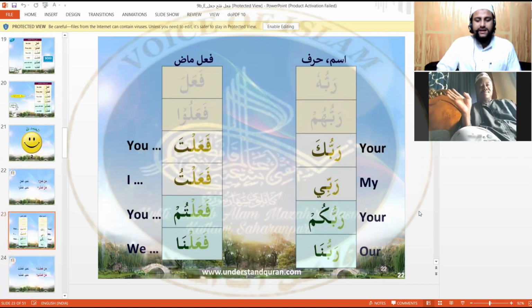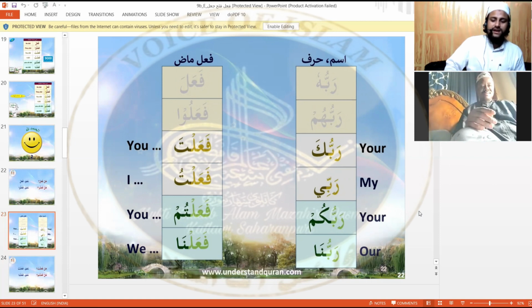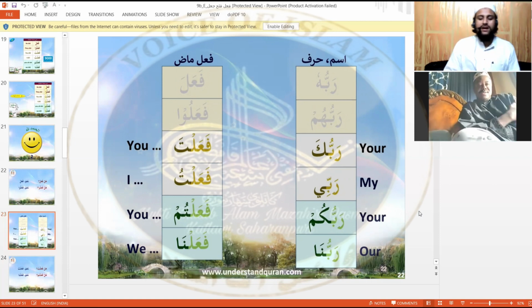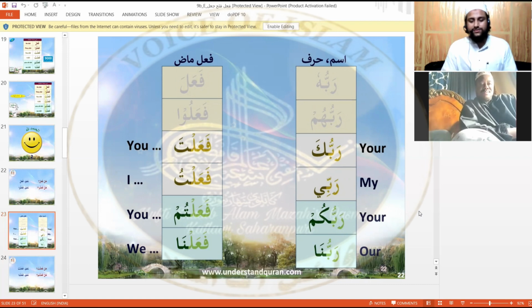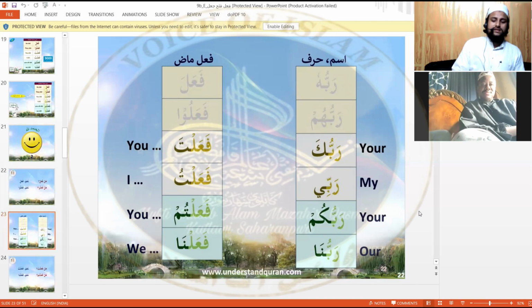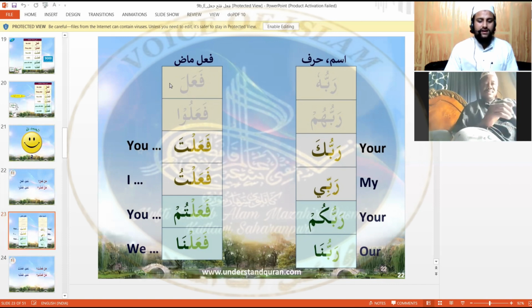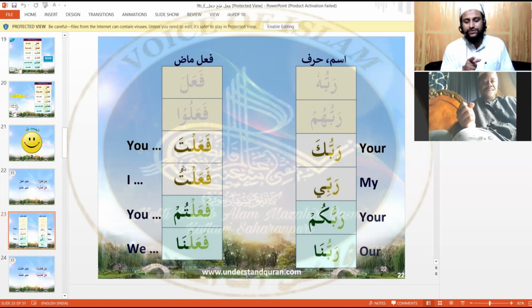Okay. Ism and harf. Like ism, Rab. And who is particle? You remember who is particle? So ism and harf. And now this is فعل ماضي. So ta, you.